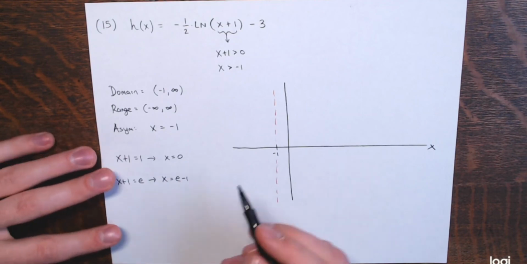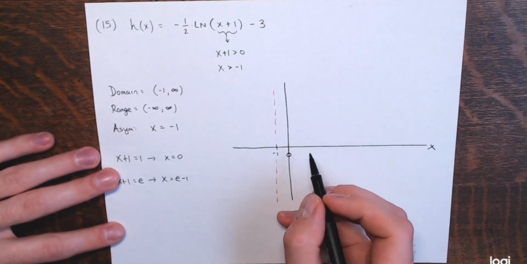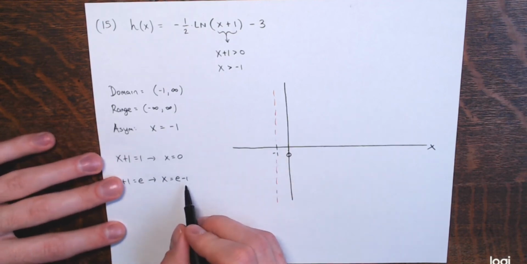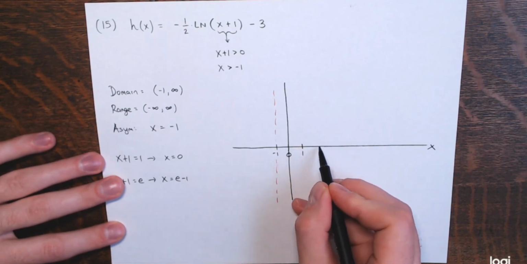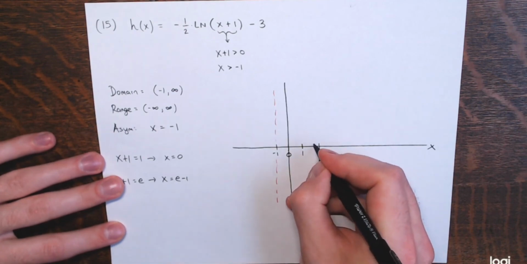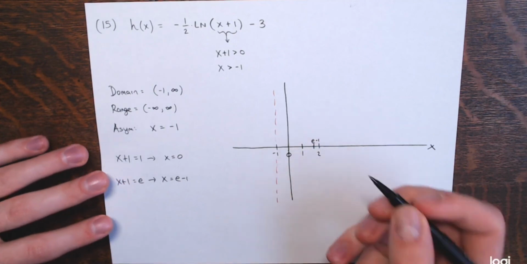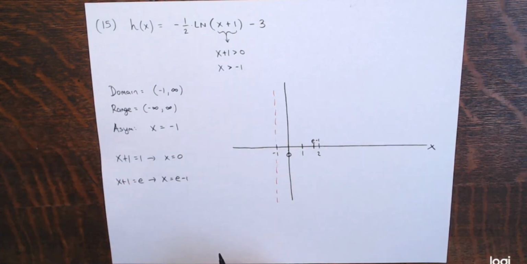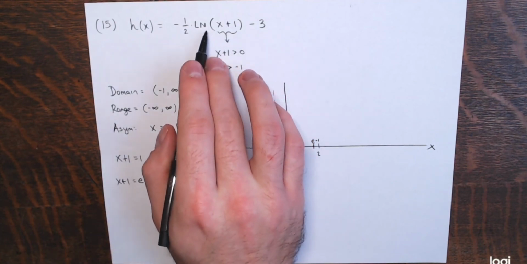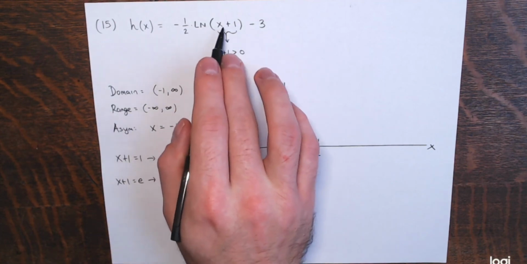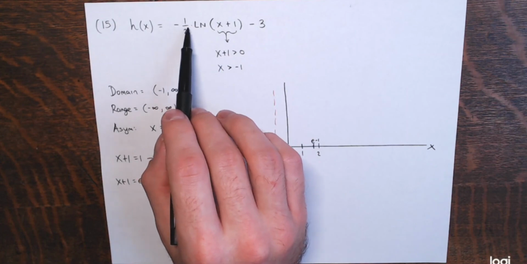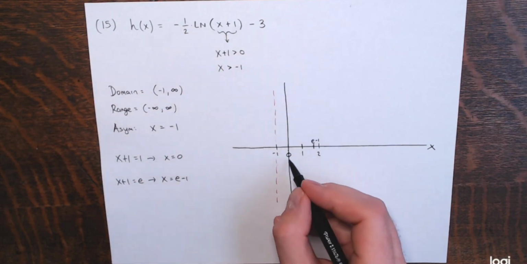Alright, so x equals 0 is going to be on there, and then e minus 1 would be about 1.7. So here's 1, here's 2. e minus 1 is about here, about 1.7, so closer to 2 than it is to 1. Now when I plug in 0, you get the natural log of 1, which is 0, times -1/2 would be 0, and then minus 3, the output would be -3.